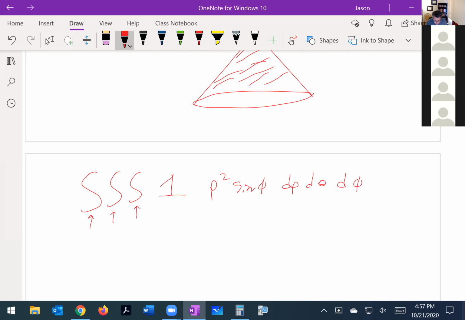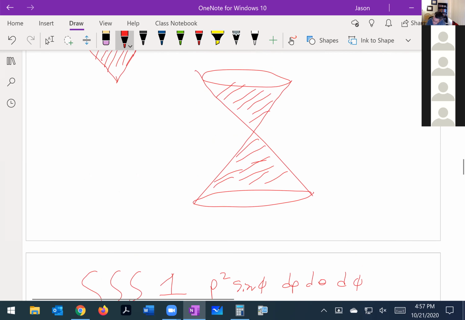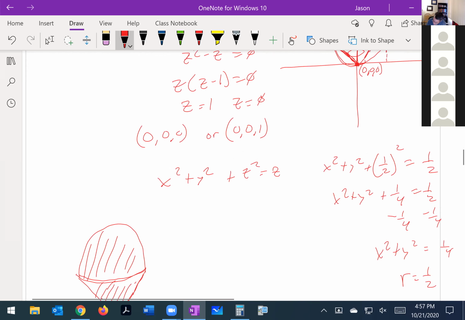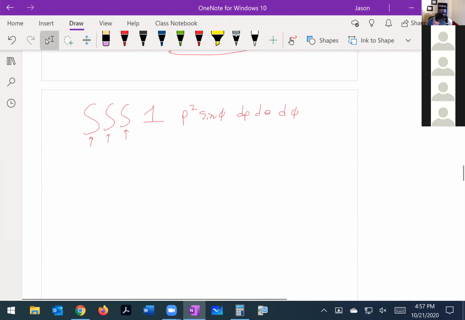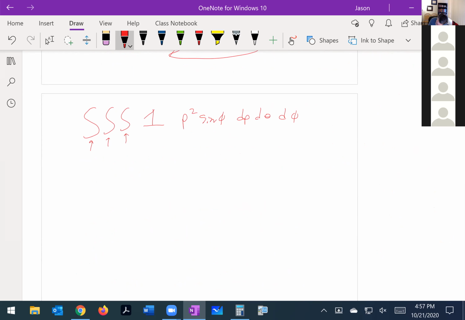So how are we going to figure out rho here? We have this cone. So we have the sphere. Let me draw it again.